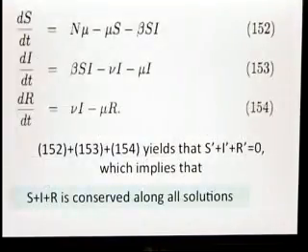Okay, so this is the new system. Obviously very similar to the old system, except we have this term, the natural births, we have the natural death term for the susceptible class, the natural death term for the infected class, and the natural death term for the removed class. Now, if you add the three left-hand sides together, you get how the total population is changing in time.